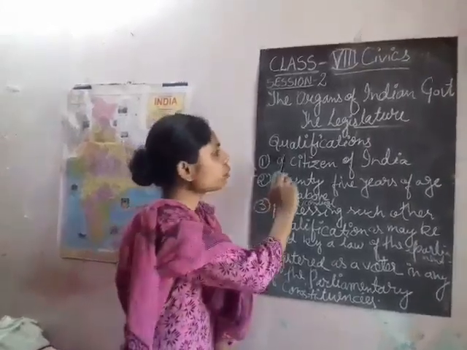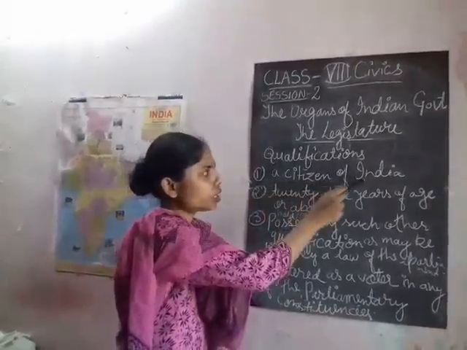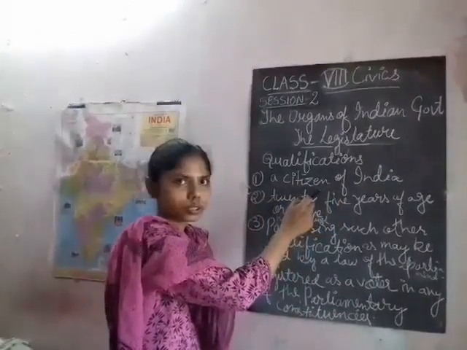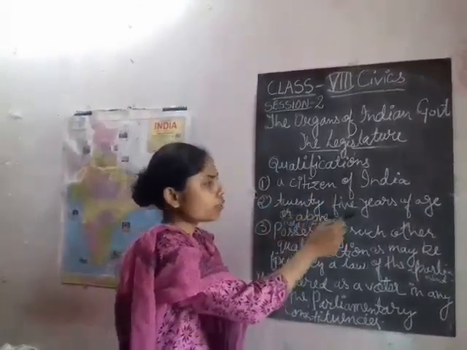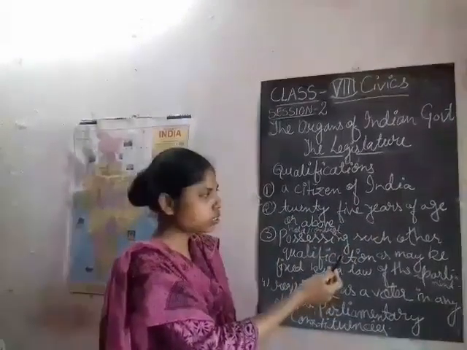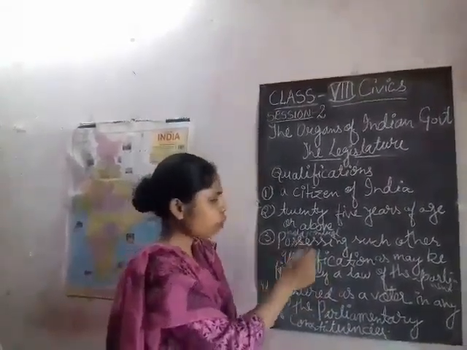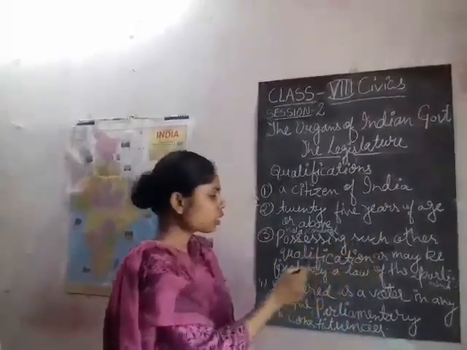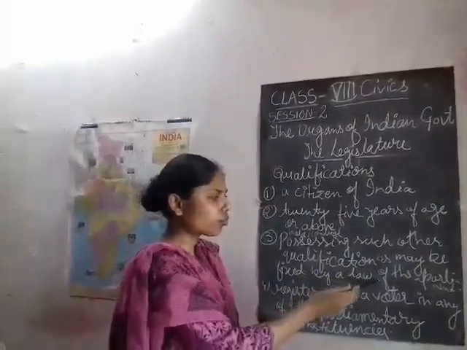I'll explain the qualifications. A member should be a citizen of India, at least 25 years of age or above. Third one, possessing such other qualifications as may be fixed by a law of the parliament.